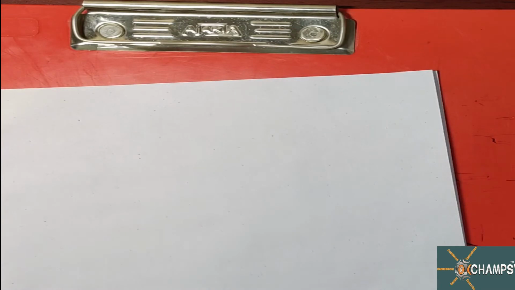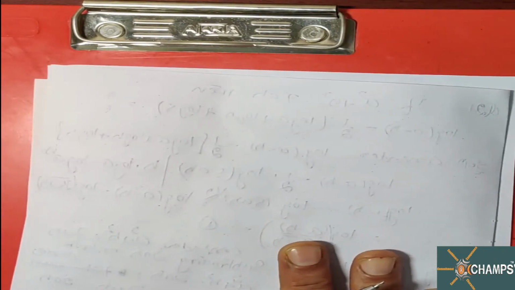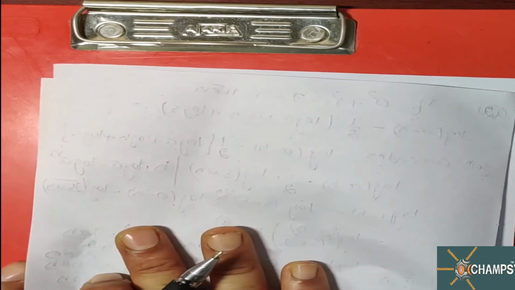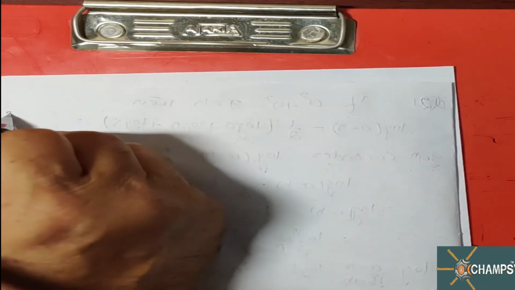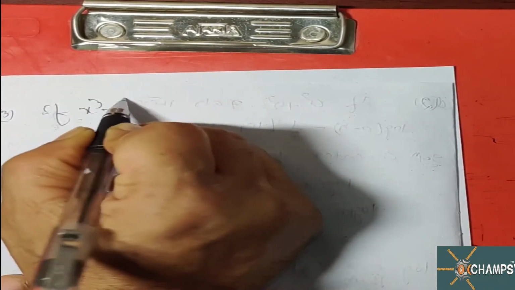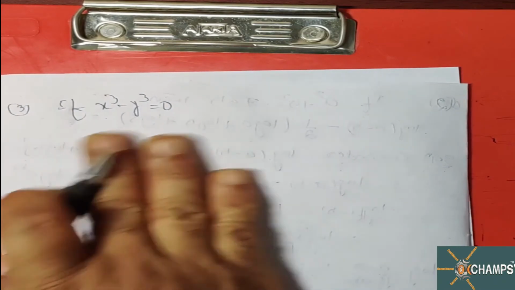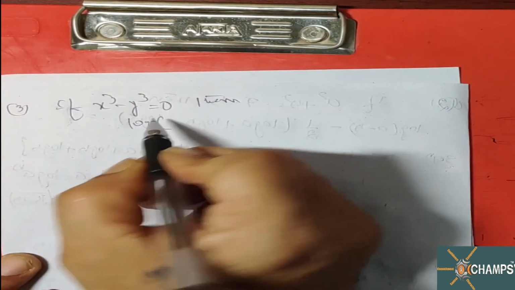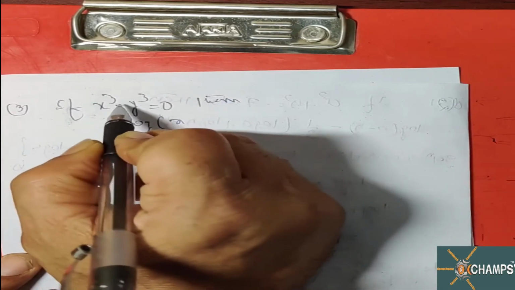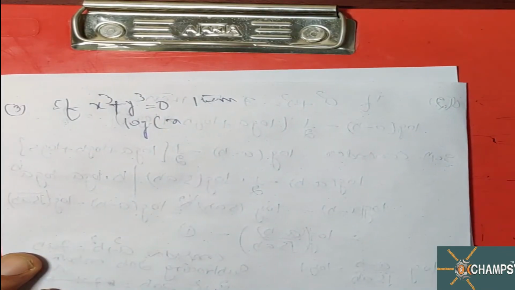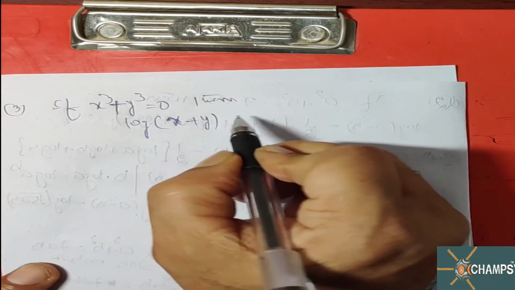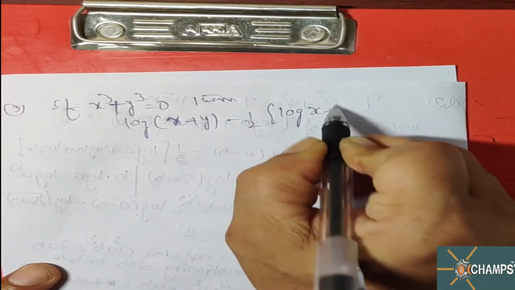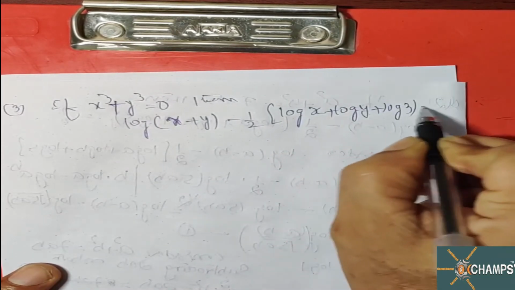Let's see one more question of this type. Question number 3: if x cube plus y cube is equal to 0, then log x plus y minus 1 by 2 into log x plus log y plus log 3 is equal to question mark.